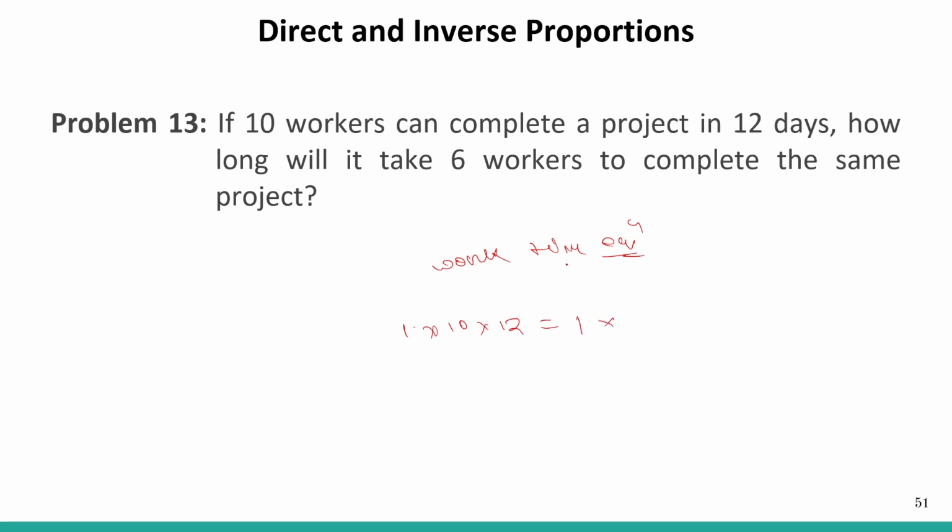So we have number of tasks, that is 1, and 6 workers, right? So the number of days we don't know, so let it be X. So X is equal to 10 into 12 by 6, which is 20. So 20 will be the final answer. That is, 20 days will it take for 6 workers to complete the same project.